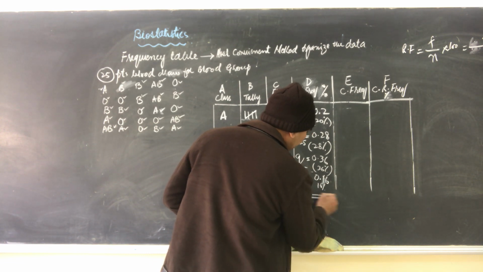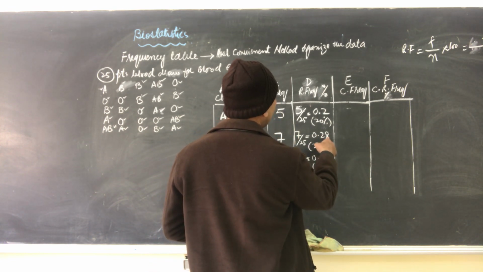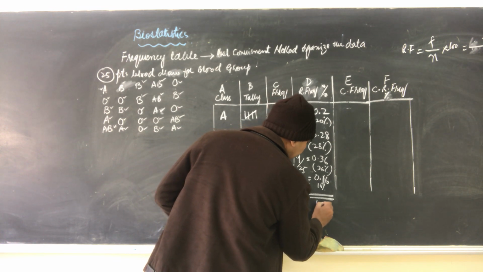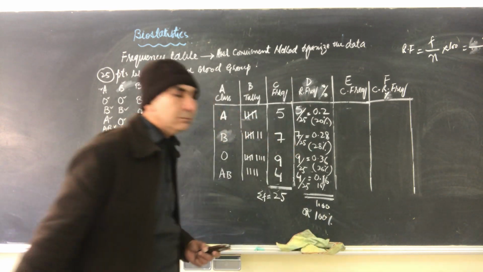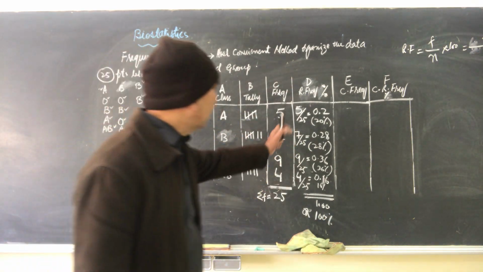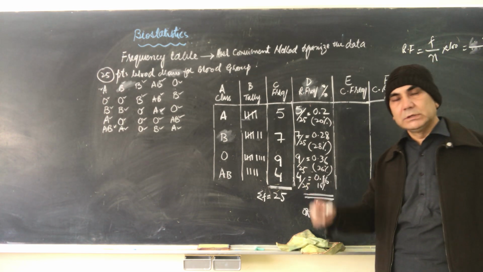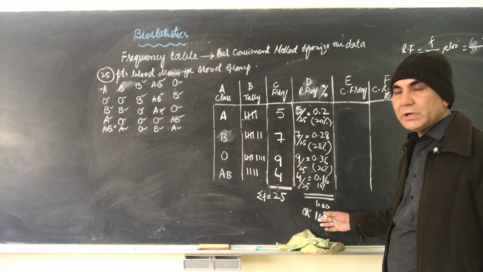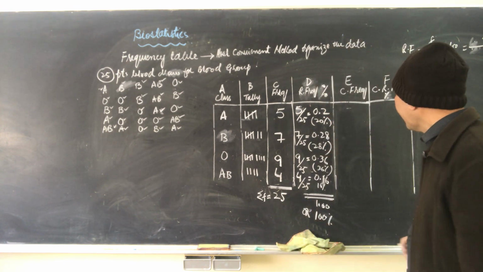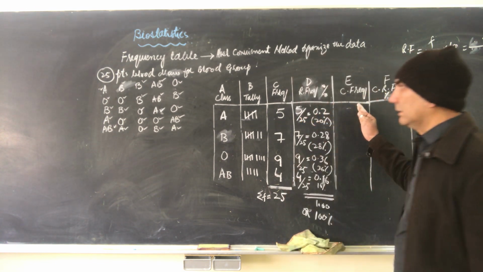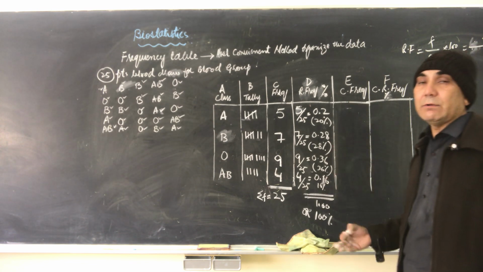If you sum up 0.16, 0.36, 0.28, 0.2, it becomes 1, or 100%. So the relative frequency always sums to 1, which is the cumulative percentage of 100%.